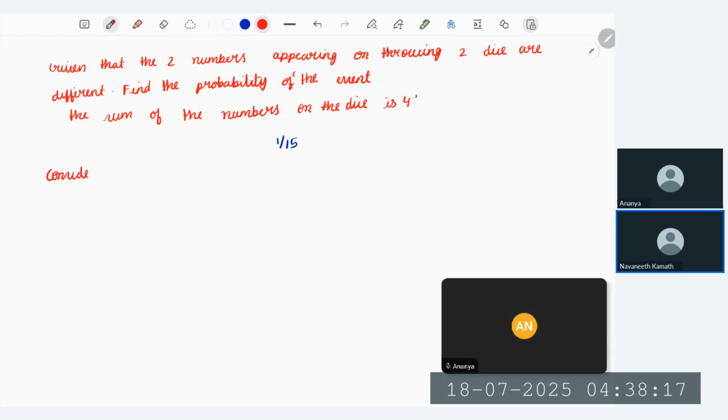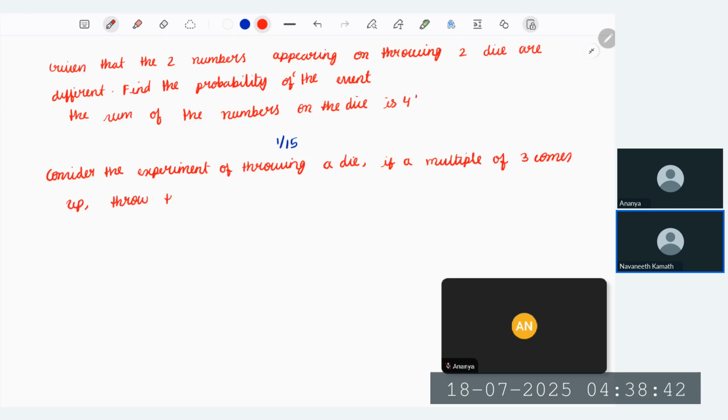Next problem, contrary to this. Consider the experiment of throwing a die. If a multiple of 3 comes up, throw the die again, and if any other number comes, toss a coin.